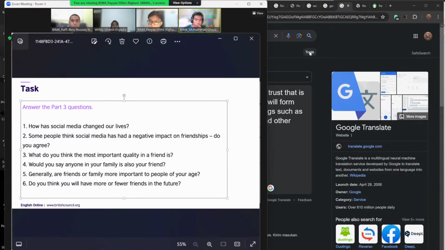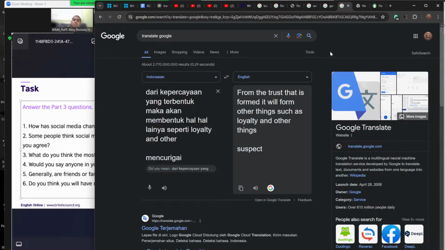Well, for me, the most important quality in a friend is being realistic. I think about friends that are supportive, friends that are loyal, but I can't really find them. I don't know about you guys, but for me, realistic is the most important. If you like me, just say it, you like me, and we're friends. If you don't like me, you just say it.